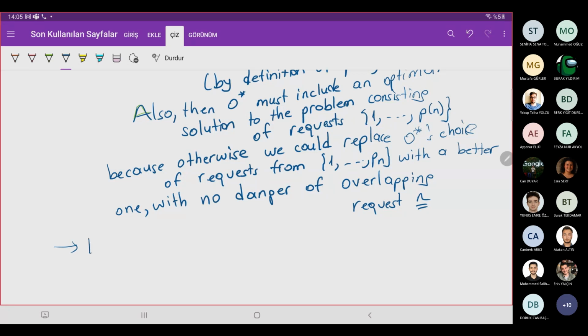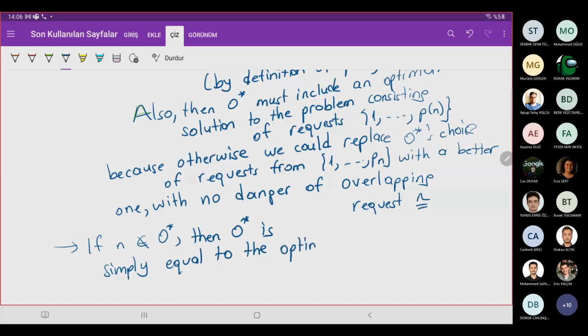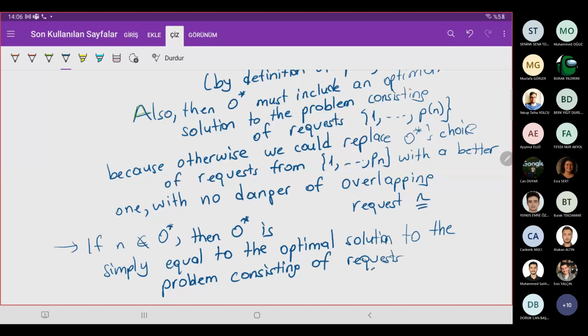If n is not in the optimum solution, then the solution is simply equal to the optimal solution for requests 1, 2, up to n minus 1. Okay.